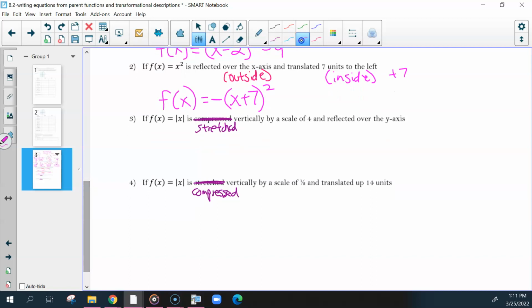Now, if this is stretched vertically, well, that tells us that it's being stretched vertically, so it's going to be on the outside by a scale of 4. That means that number they give us, we're going to multiply that on the outside.